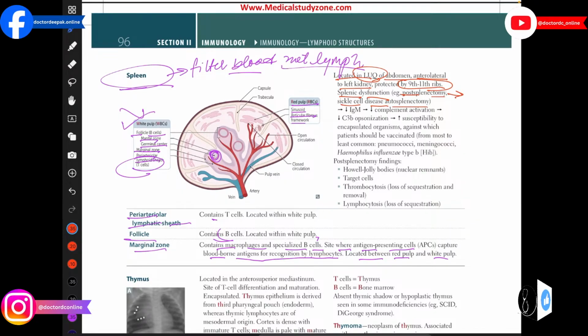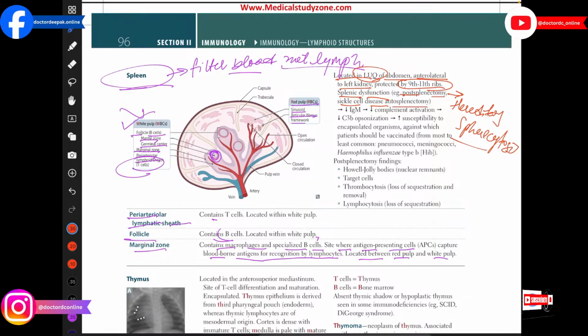After dysfunction of the spleen, or removal of the spleen due to different conditions, we remove the spleen. The main condition, if you know, is hereditary spherocytosis. What is happening in that? There is abnormal shape of the RBC.